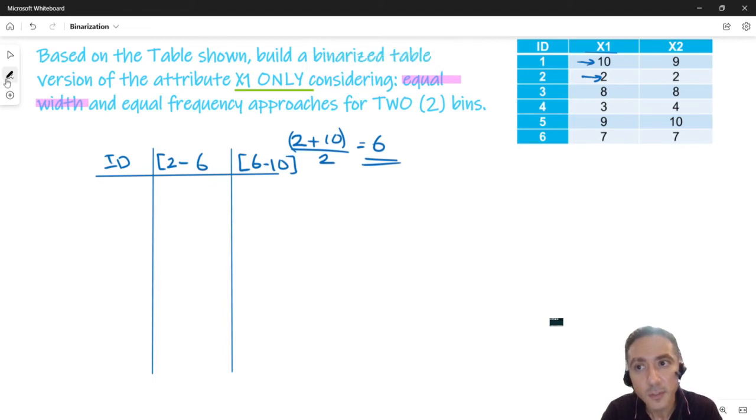Now, in order to solve the issue so that I don't have a case where a value can be placed into both bins, either I can use the math notation like this, meaning 6 is excluded, or in a different way you may just put here 5.99. So you can have, let's say, 2 up to 5.99 just to ensure that we are in a range where 6 is not included here.